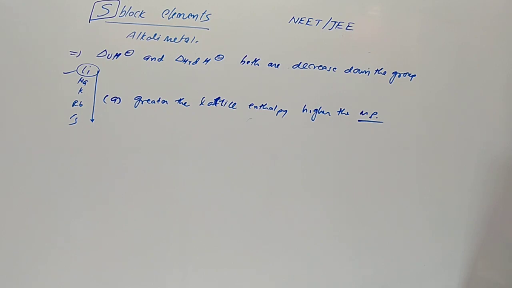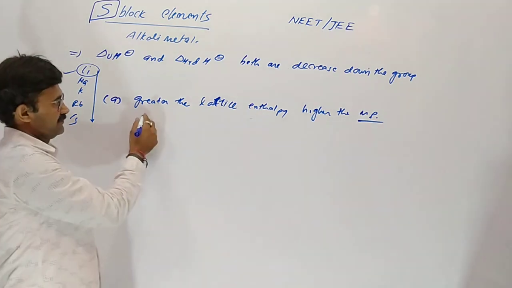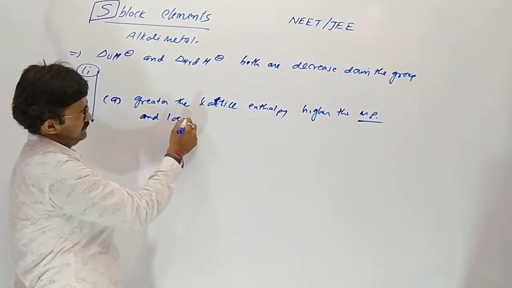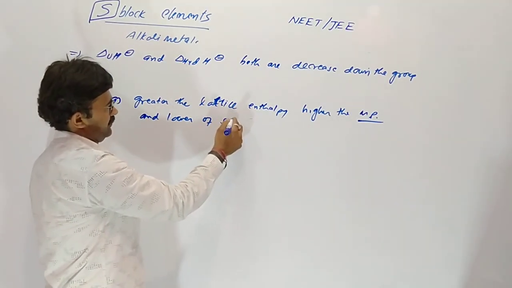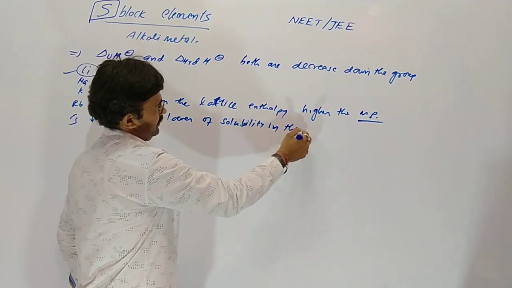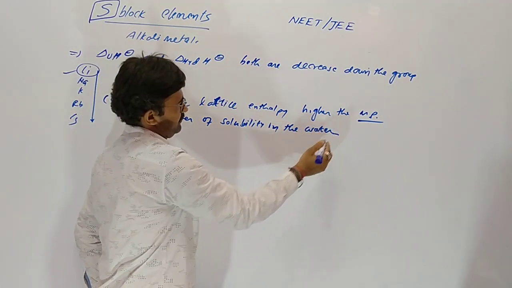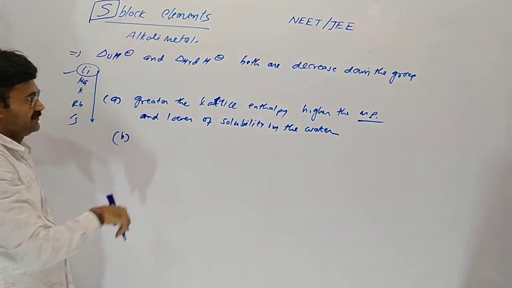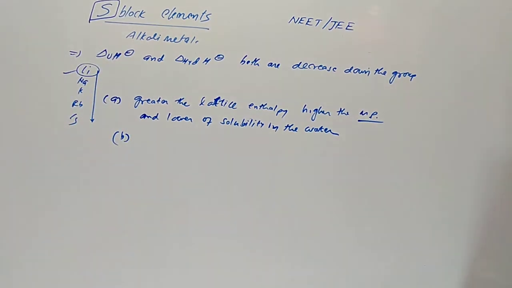Lower lattice enthalpy means greater solubility in water. Greater the hydration enthalpy, the solubility is more.